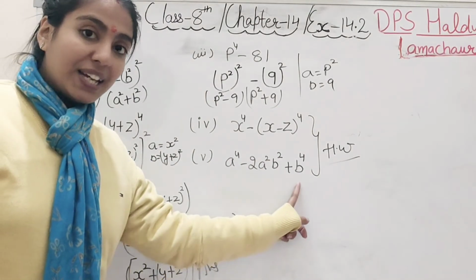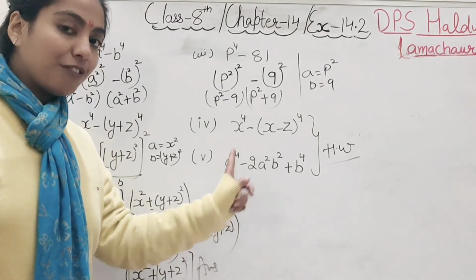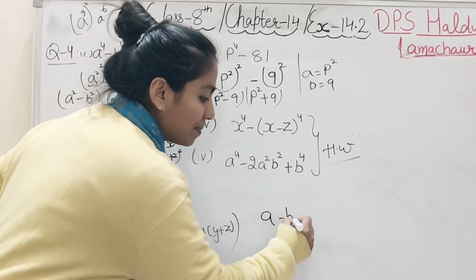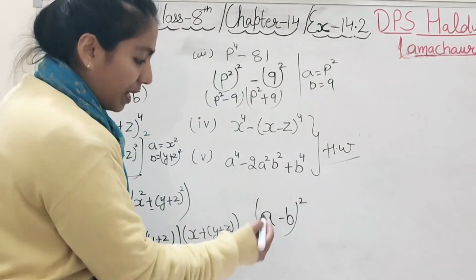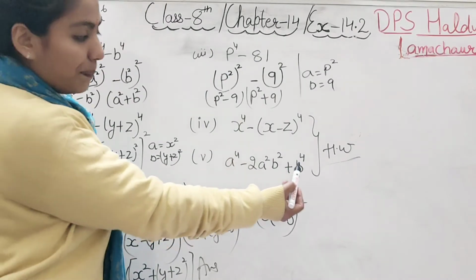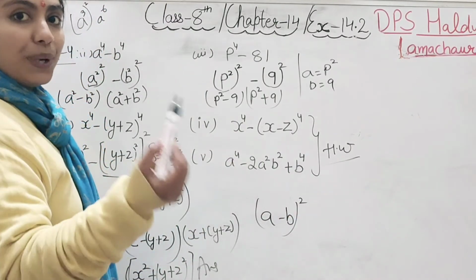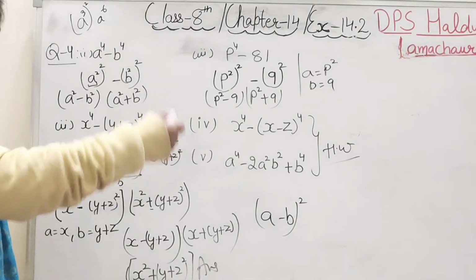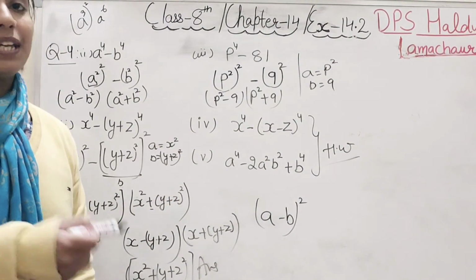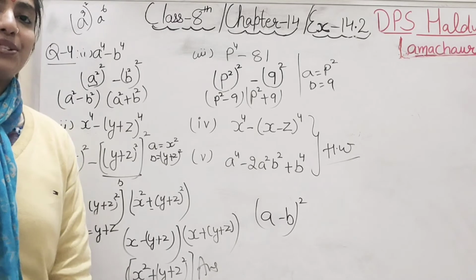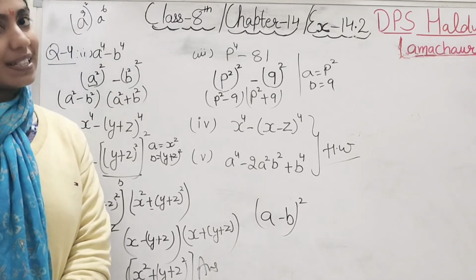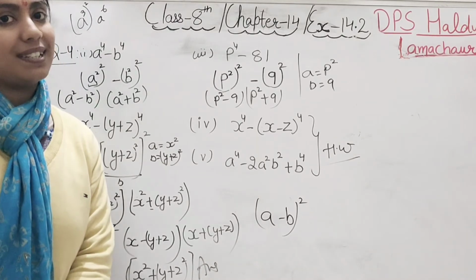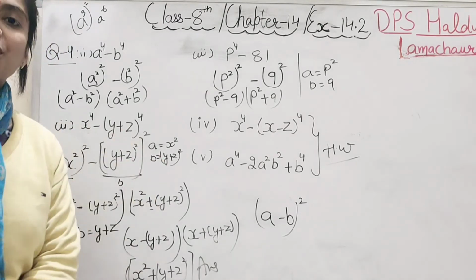You can see here only it's forming the formula a minus b whole square, where your a is a square, b is b square and 2ab. That is why. Right, student? So very simple questions, but the game is of parts and the identities only. So please student, practice this question, then only you will understand better. So this was about question number 4.